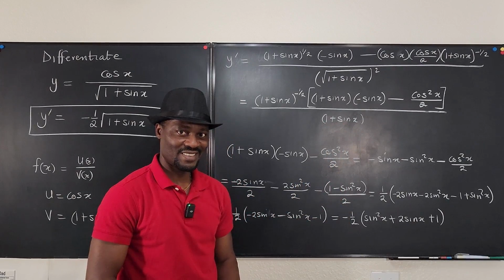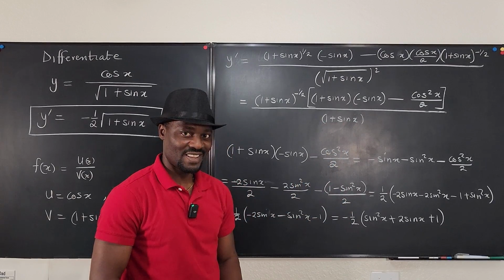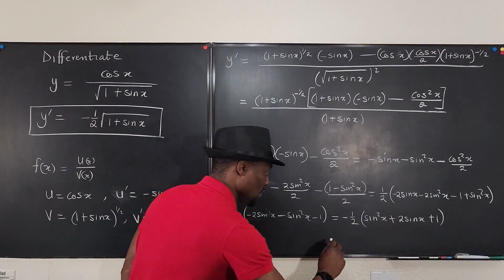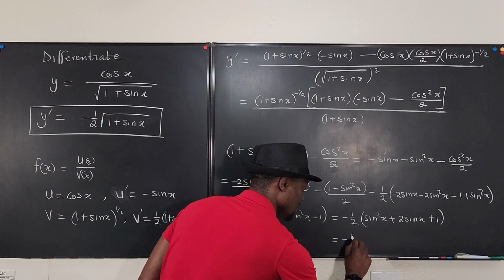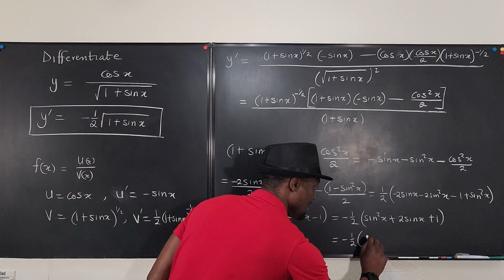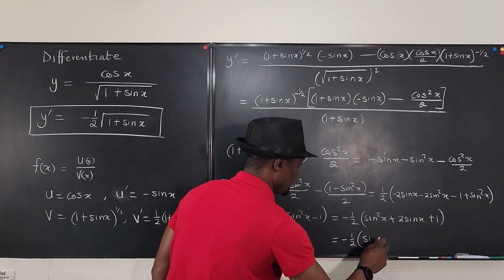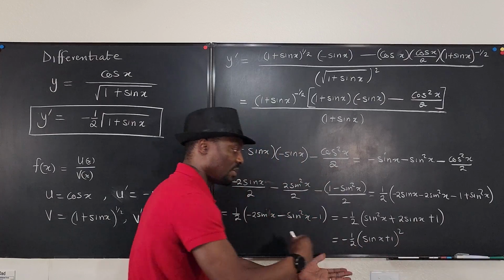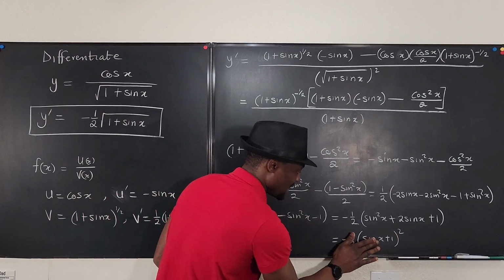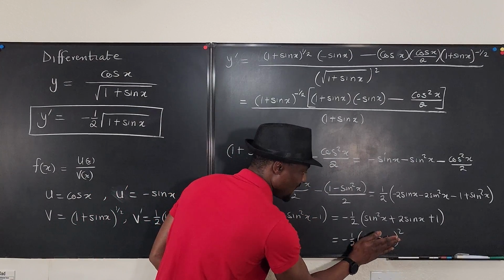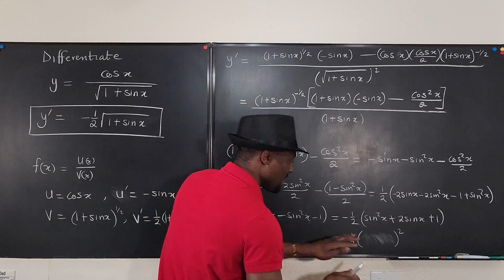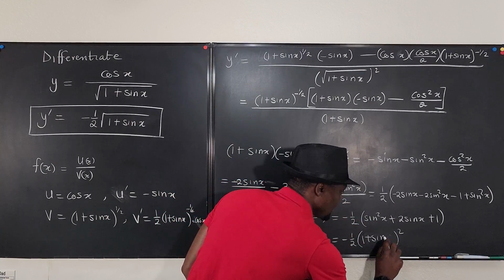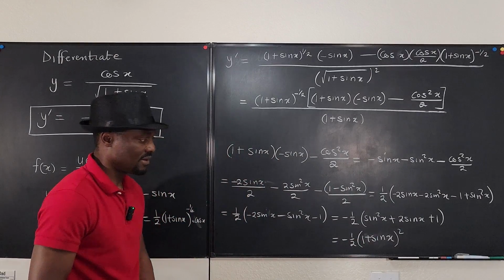So I can write this as a perfect square. This is the same thing as minus 1/2 times sine x plus 1, or 1 plus sine x, however you like it. Let's write it that way so it matches. So what we have here is 1 plus sine x all squared.